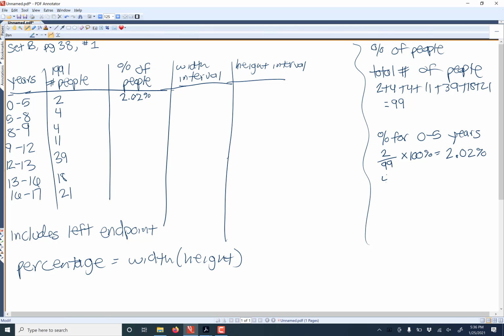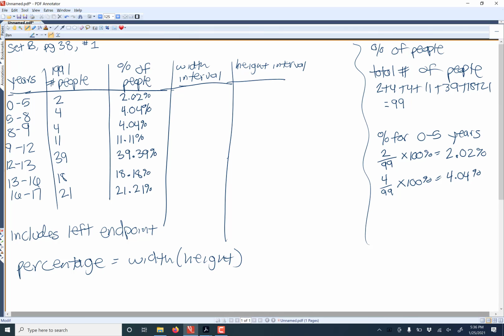My next one is going to be 4 out of 99 times 100%, which gives me 4.04%. So I'm going to pause and fill all of these in.